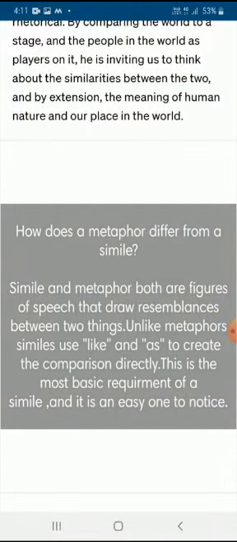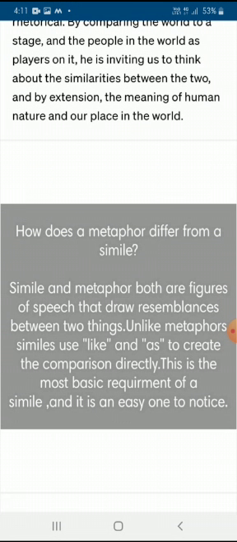How does a metaphor differ from a simile? Simile and metaphor both are figures of speech that draw resemblances between two things. Unlike metaphors, similes use like and as to create the comparison directly.